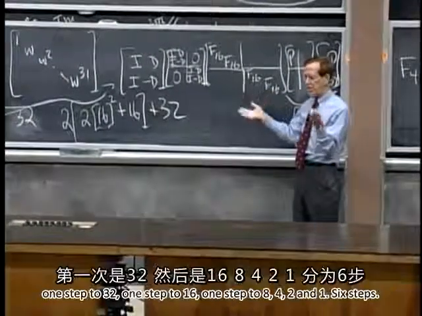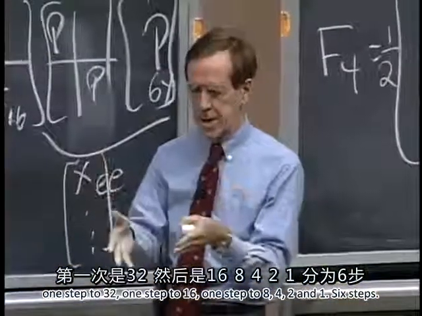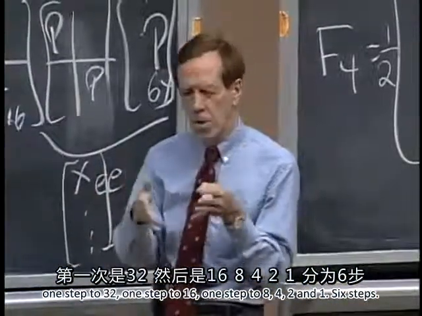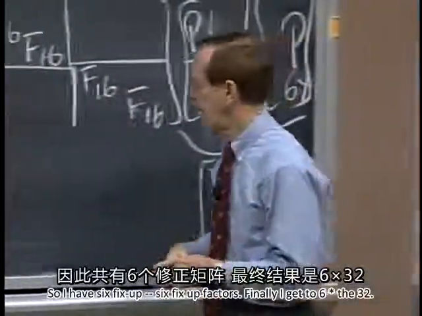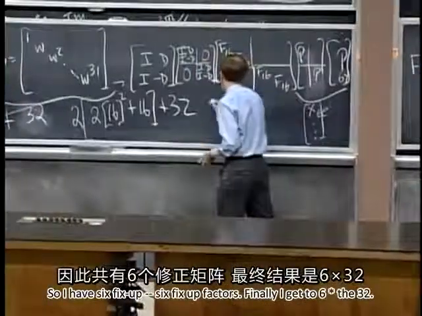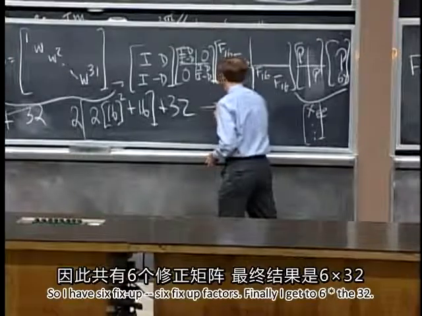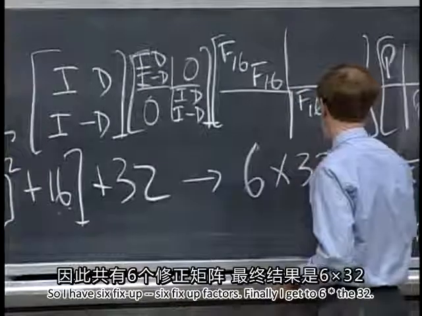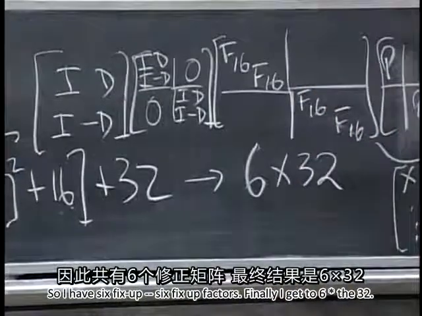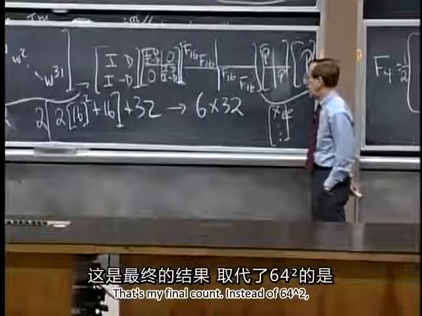From 64, 1 step to 32, 1 step to 16, 1 step to 8, 4, 2, and 1. 6 steps. So I have 6 fix-up factors. Finally, I get to 6 times the 32. That's my final count.